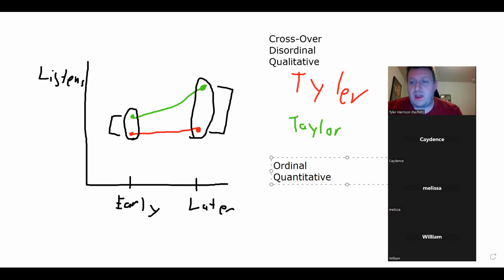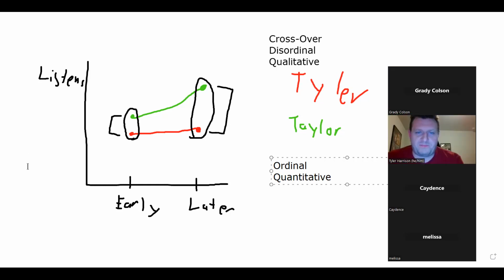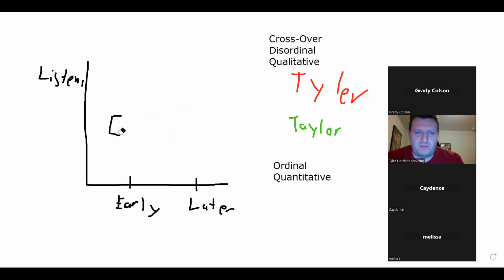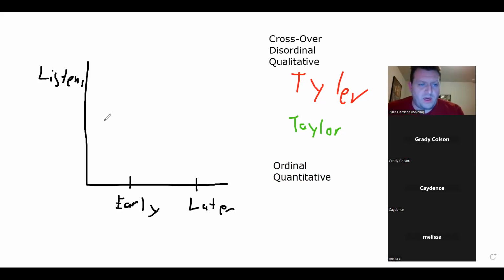If it is not an interaction, that means that the difference is the same. So let me show you that. Grady, what's your question? So what would both of these fall under, like the main category? They would both fall under interactions. Both of them would be statistically significant interactions, right?